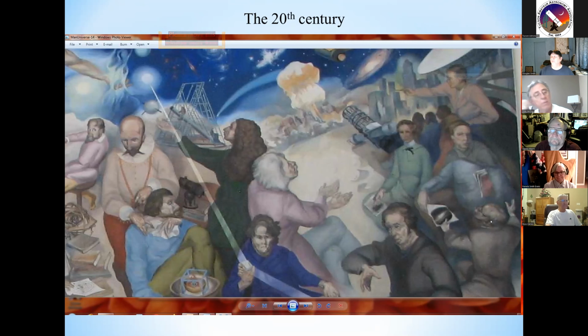Harlow Shapley believed they were part of the Milky Way, and Curtis argued the other way around, that they were not part of the Milky Way. Curtis obviously won the argument, but they're both holding this picture of M31, the Andromeda Galaxy.